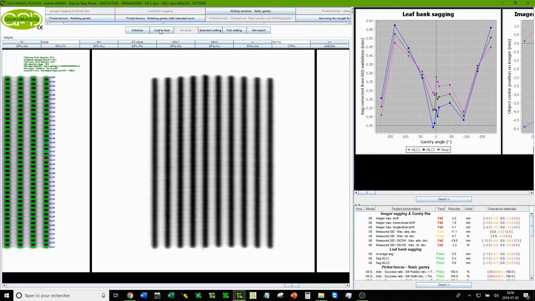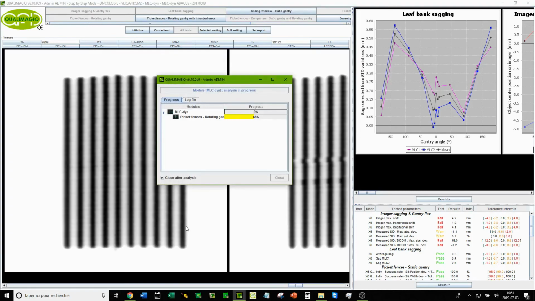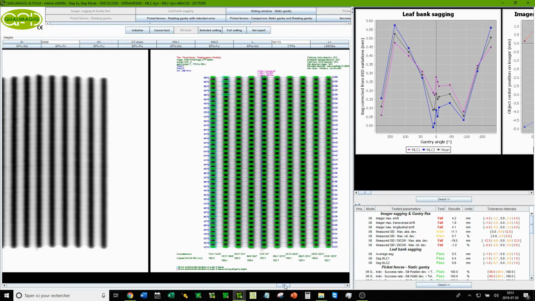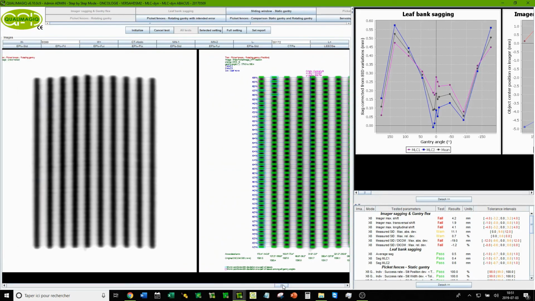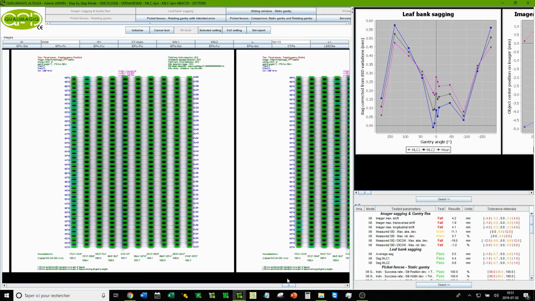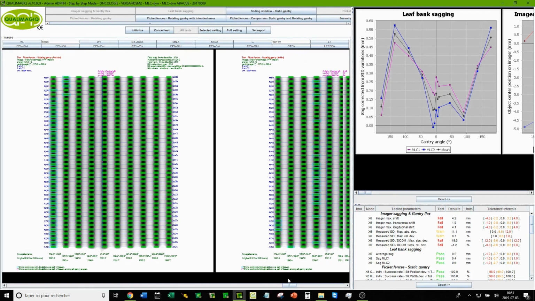We will now look at the same picket fence test with a rotating gantry, which, as you see, is quite impressive. As you recall, it is not this image that we analyze. We correct the image by applying to the columns of the image the inverse of the improper movement of the portal imager. You can see that we have removed the wave from the image.